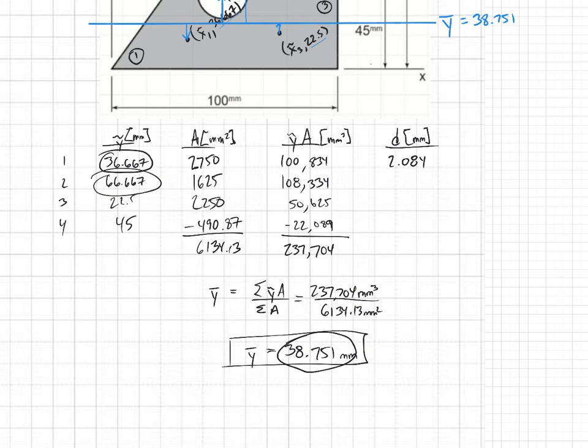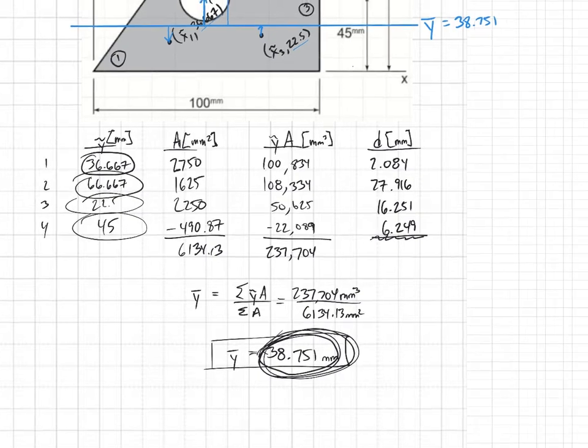I'll subtract this one from the global and I'm going to get 27.916. Then I'll do this one to the global and I'll get 16.251. And then this one to the global, and that's going to be 6.249. There really isn't a reason to have this line underneath, because we're not going to sum that.